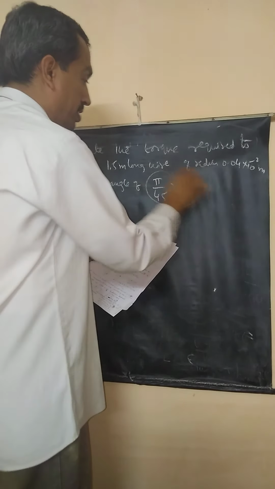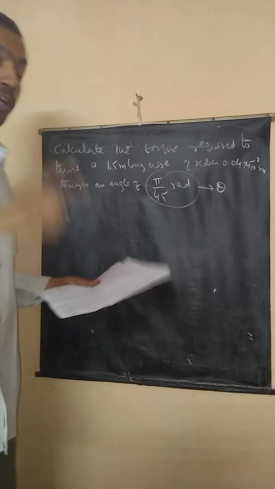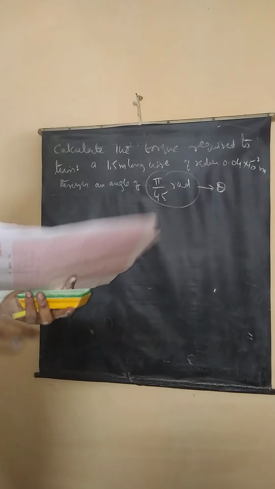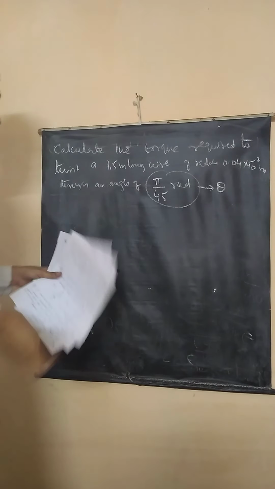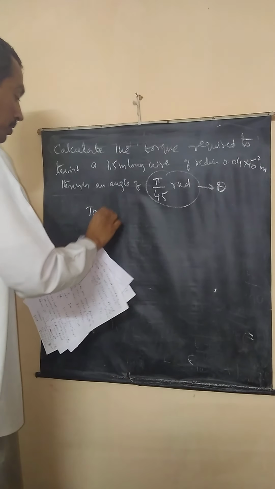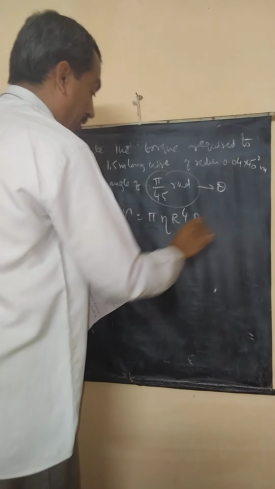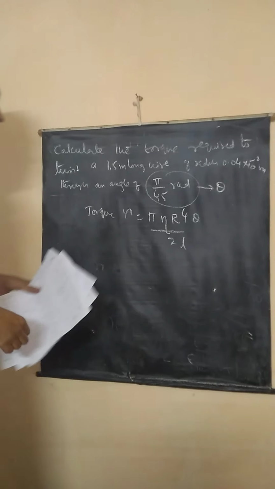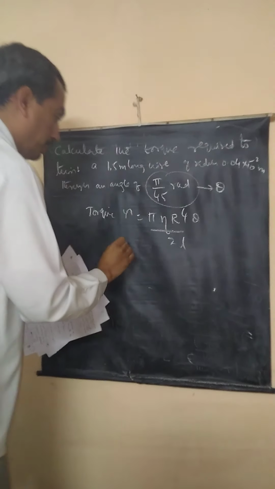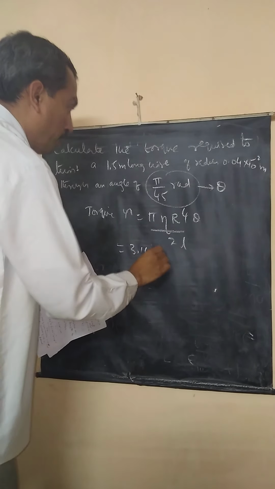So what is that? This is theta. Theta value you must substitute in radians. Correct? So this is again torque tau is equal to pi eta r4 theta by 2L. Torque is asked. So pi 3.14.